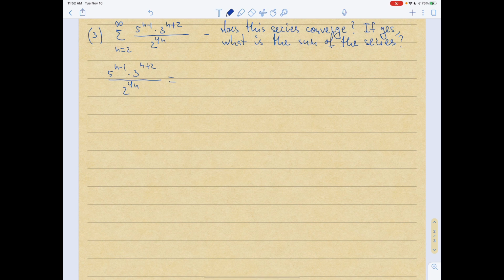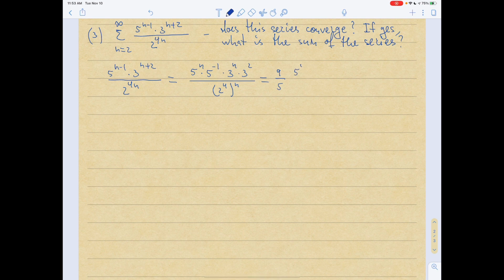So what kind of things do I have to the power n here? I have 5 to the power n minus 1. So it's 5 to the power n times 5 to the power minus 1, times 3 to the power n times 3 squared, divided by 2 to the 4 to the power n. And so then without n we have 3 squared, 9, times 5 to the minus 1, so that's 9/5.